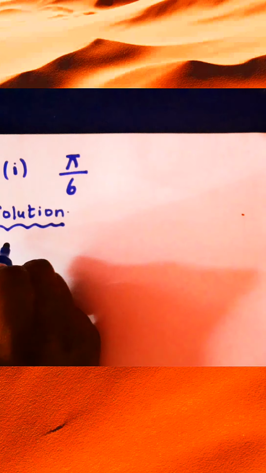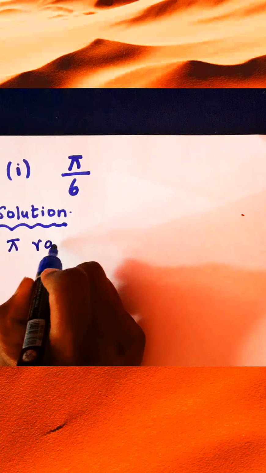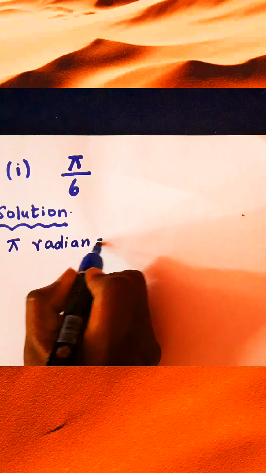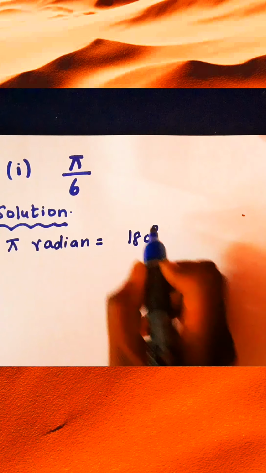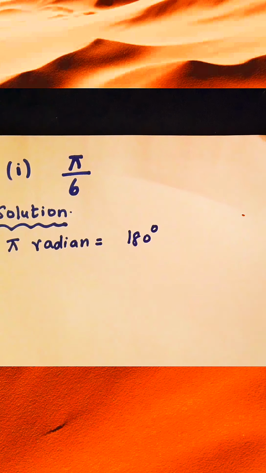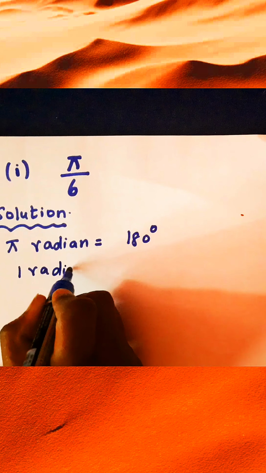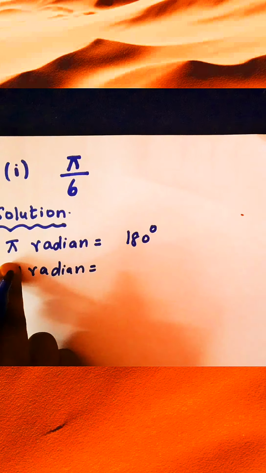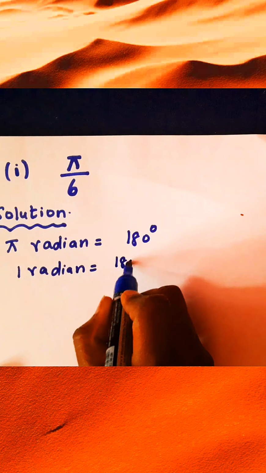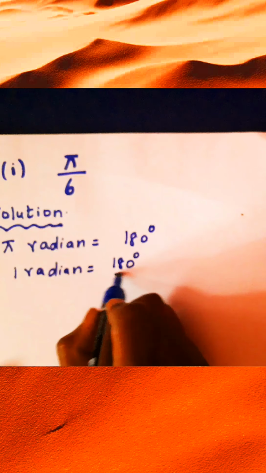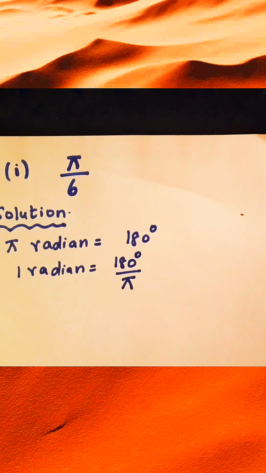We all know pi radian is equal to 180 degrees. So what about 1 radian? Pi is in multiplication; when it goes to the other side, it becomes division. So 1 radian is 180 degrees divided by pi.